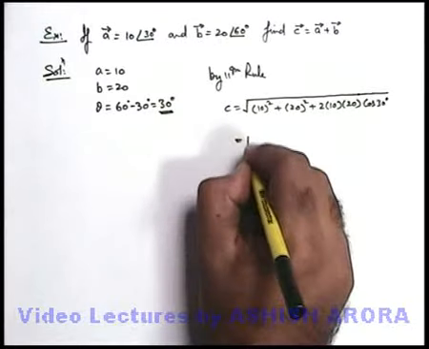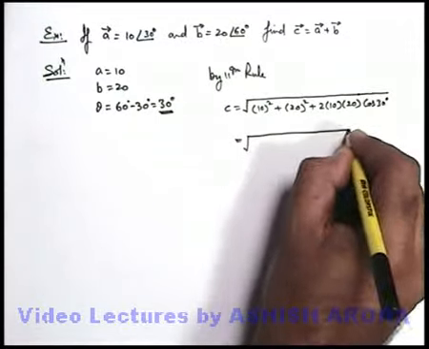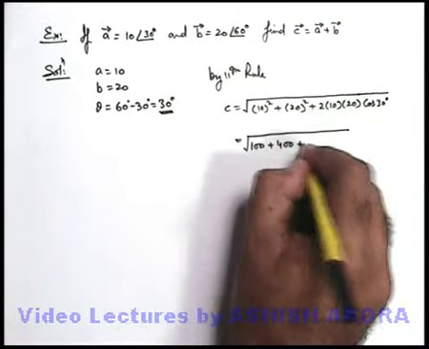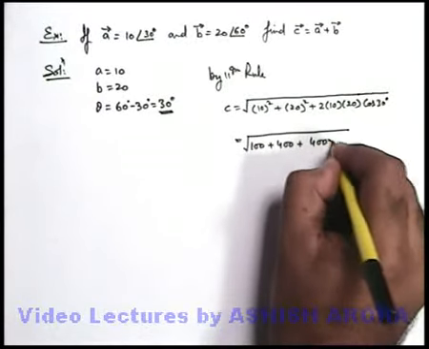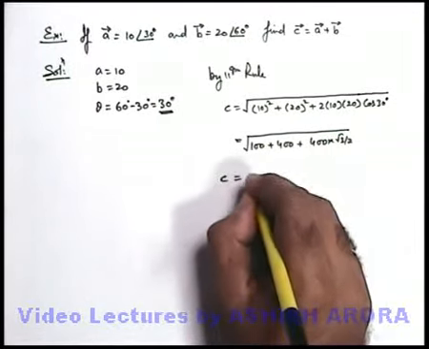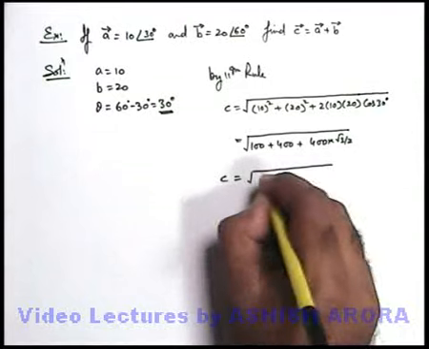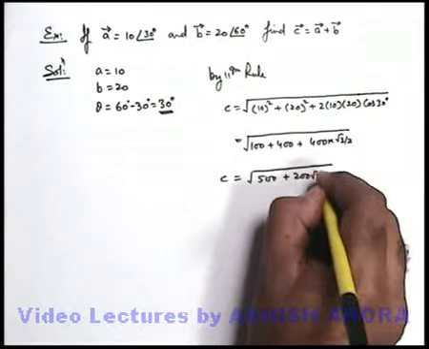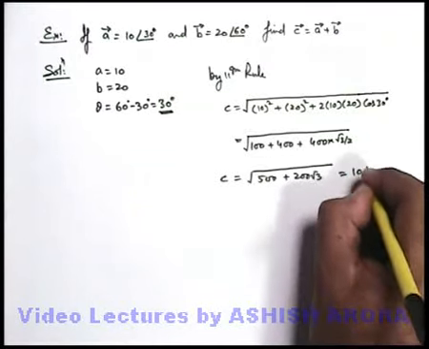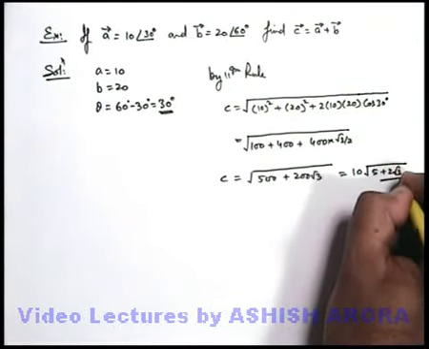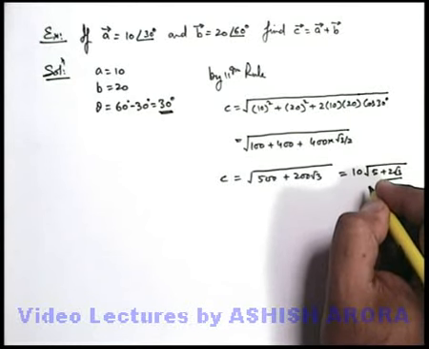So this will give us root of 100 plus 400 plus 400 into root 3 by 2. So the magnitude of the resultant vector is root of 500 plus 200 root 3, or 10 root of 5 plus 2 root 3. This is the magnitude of the resultant vector.